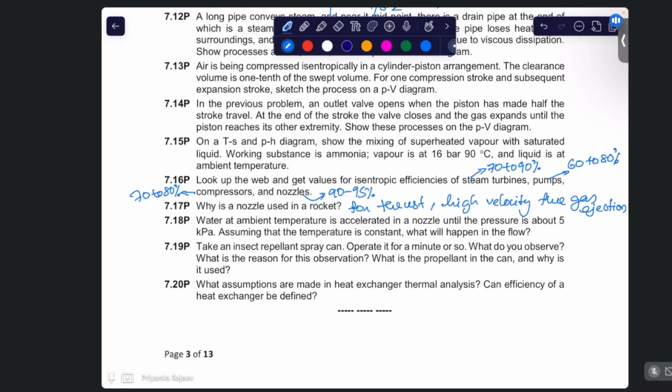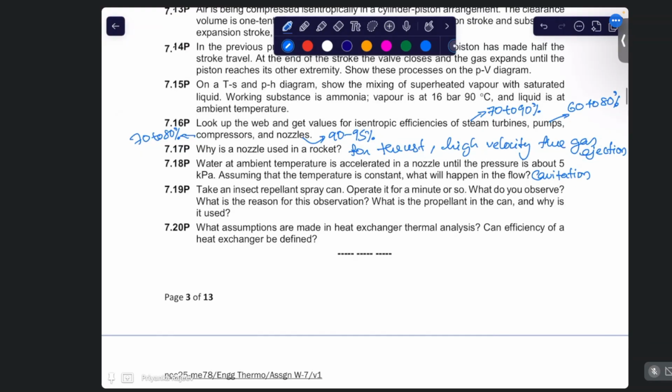If water is at ambient temperature, that means typically room temperature around 25°, then there will be some cavitation or partial vaporization occurring inside the nozzle. A real nozzle cannot maintain pure liquid flow at such a low pressure if the fluid saturation pressure is higher than that. So practically, bubbles will be forming, because two phases are going to form due to vapor formation or cavitation.